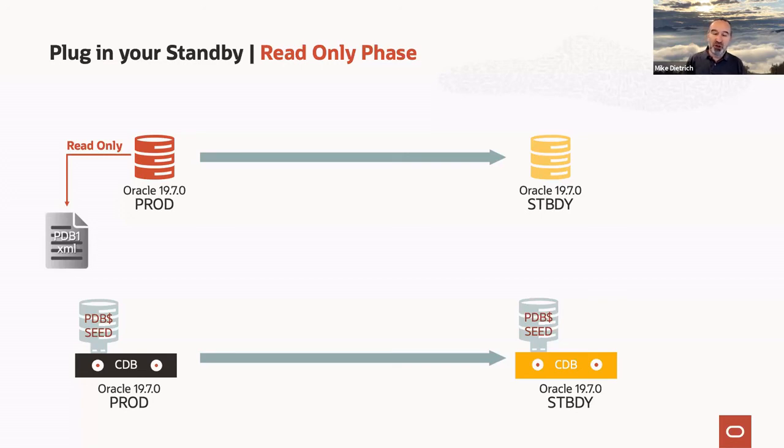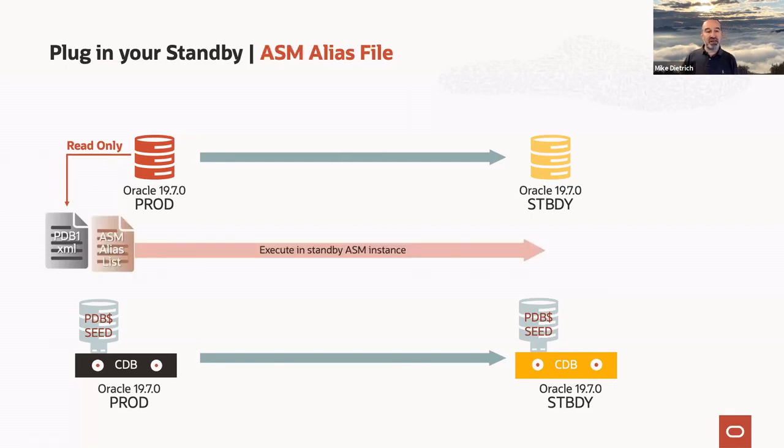So my system tablespace file on production has a different name than the system tablespace file on the standby. And so for ASM and OMF, I need to create an ASM alias list. I show you on the last slide of this walkthrough a note which explains how it is, a script inside, how to create this ASM alias list.